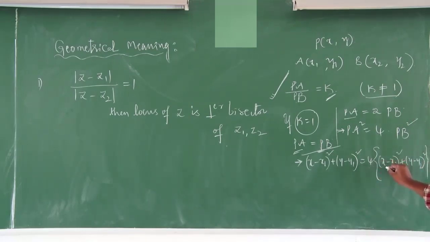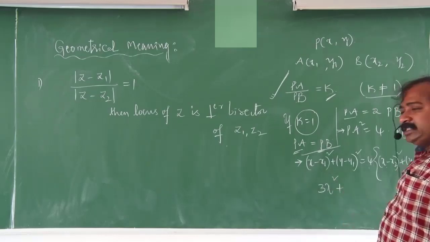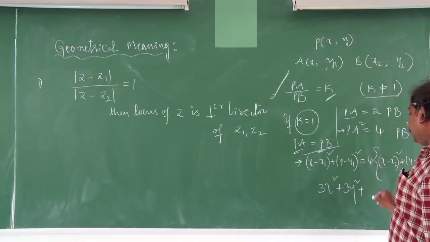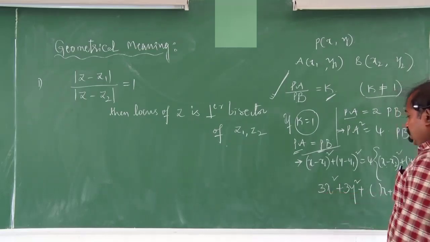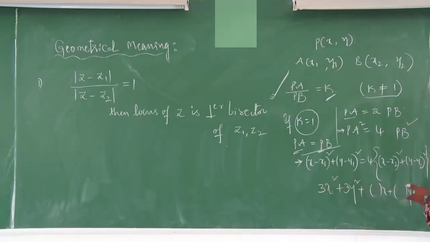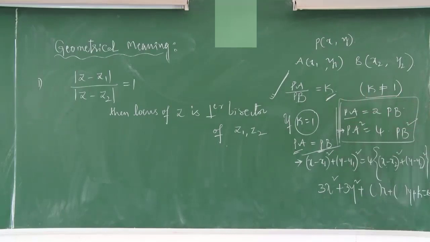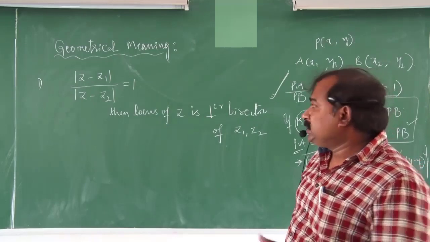Here 4x square and here x square; bring this x square this side, 3x square. Similarly 3y square. Next the x term, the y term, and the constant, equal to 0. If I divide the entire equation by 3, x square plus y square plus 2gx plus 2fy plus c is equal to 0. What does this equation indicate? This equation indicates a circle. Simply a circle.